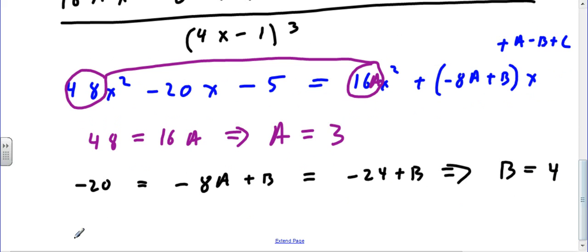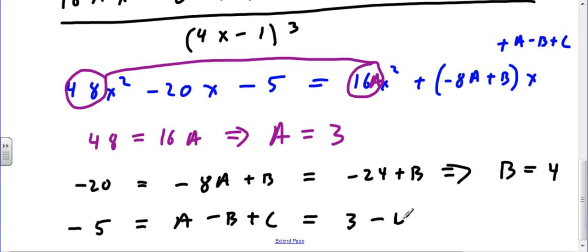And then the last guy, minus 5, has to equal a minus b plus c. I already know a, I already know b, plus c has to equal minus 5.